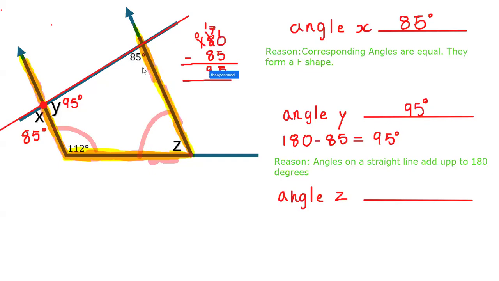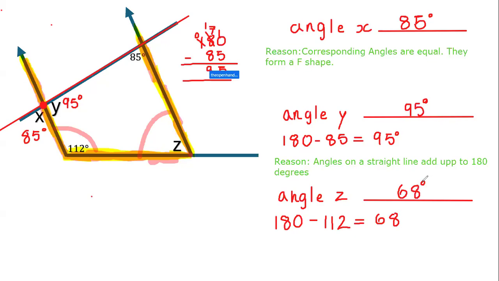So this is going to be 180 degrees minus 112, and that gives you 68. So 180 minus 112 is 68 degrees.